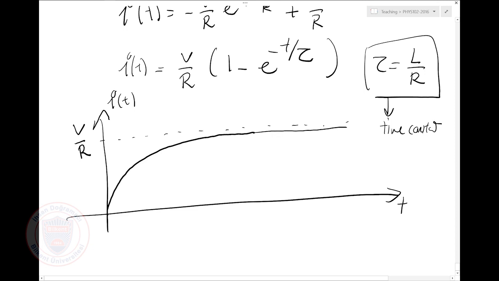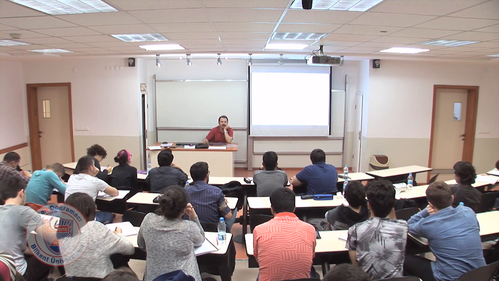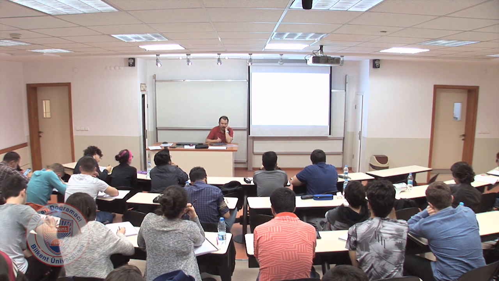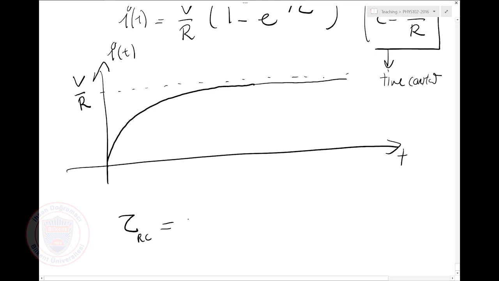And here I think I purposefully did not discuss the units of inductance with you. I think this is the right time to discuss the units of inductance. Do you remember what the time constant for the RC circuit was? Yeah, the answer was R times C, right?